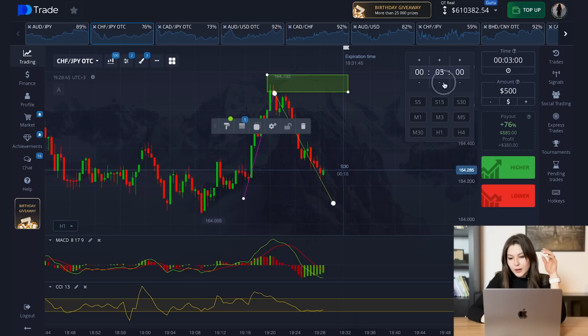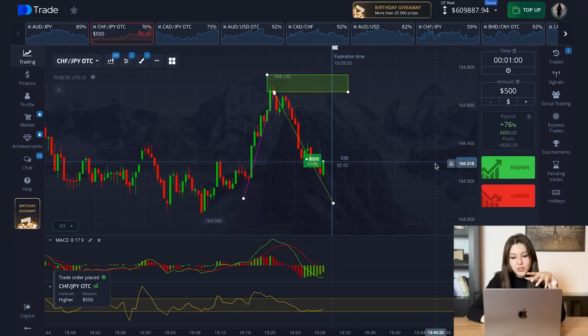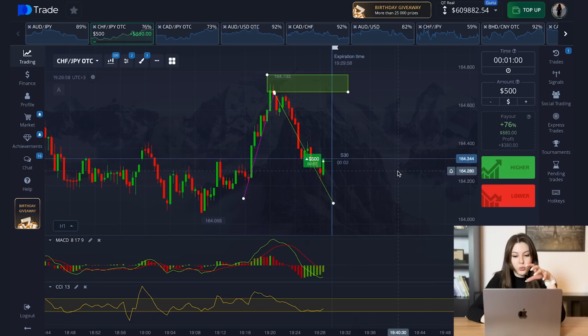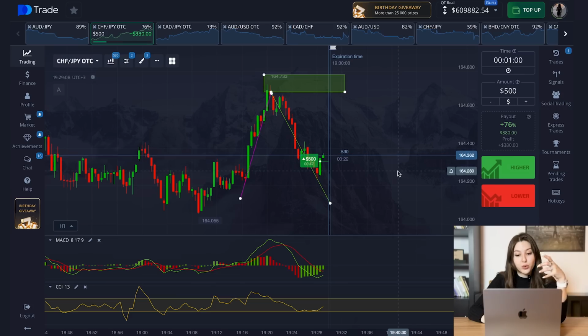We're gonna use the martingale strategy, put $500, and for example, let's change that to 1 minute. We're gonna go higher for this position. As you can already see, the price went higher already, we just missed it by 2 minutes 2 seconds. Sometimes it happens, that's not a problem, and that's why consistency is very important in your work.